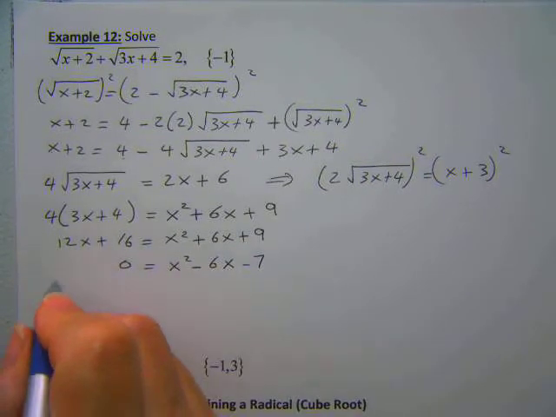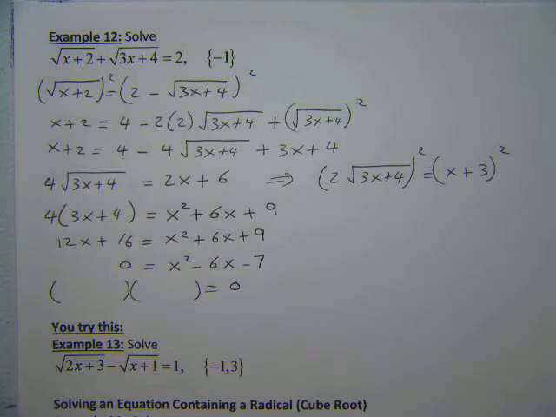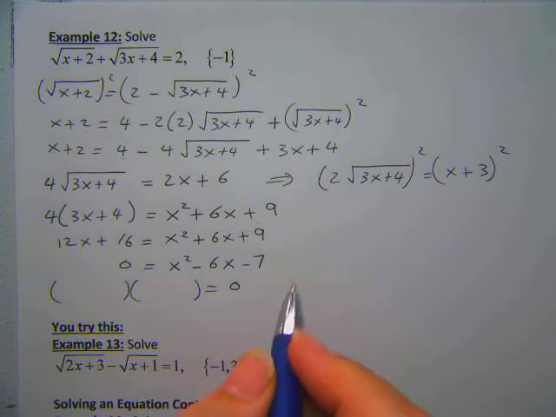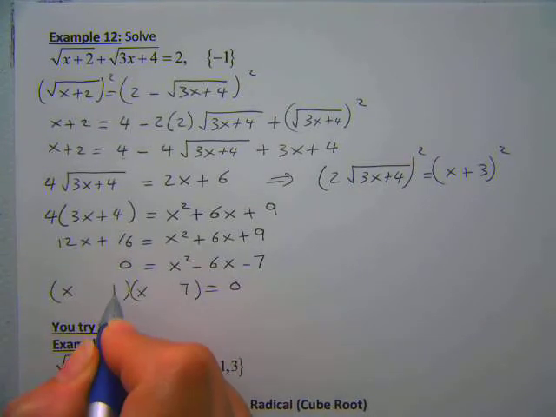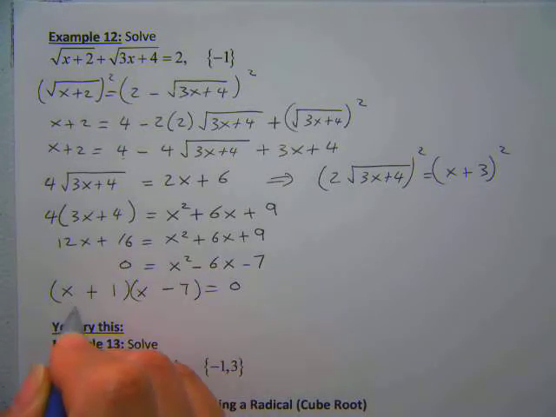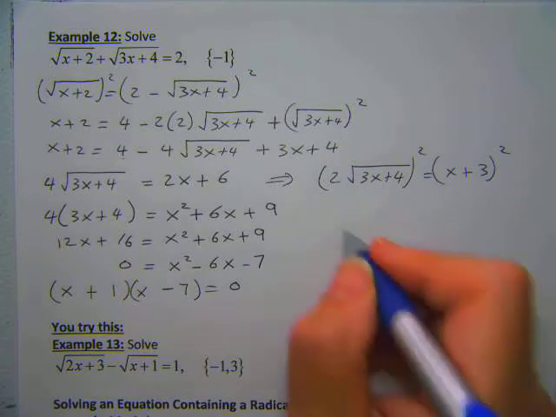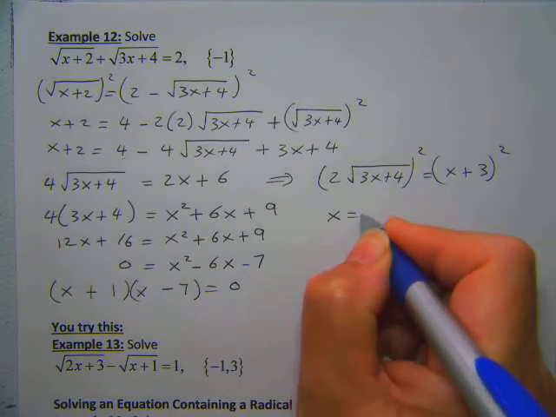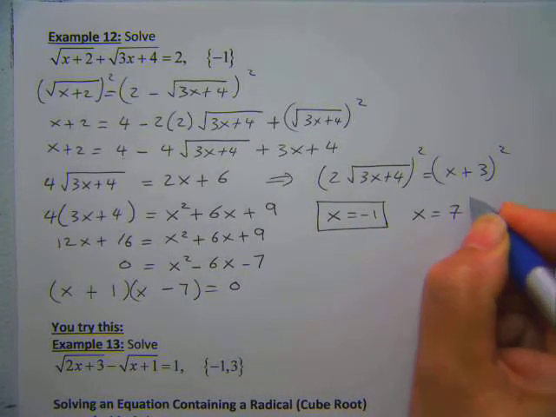To solve, you're going to factor first. Try factoring always. And now x times x, 7 times 1, and the bigger is the negative. Positive, check it, negative 7x, positive 1x makes this. So we have 2 answers to check. Either x is negative 1 or x is 7.